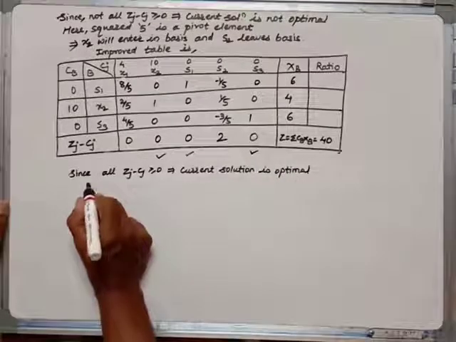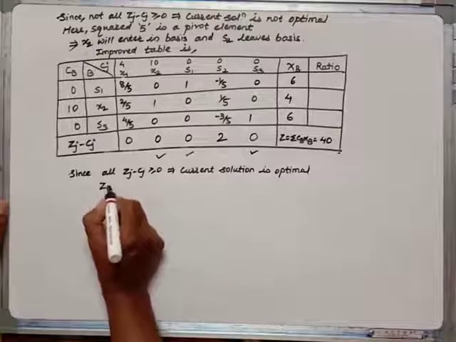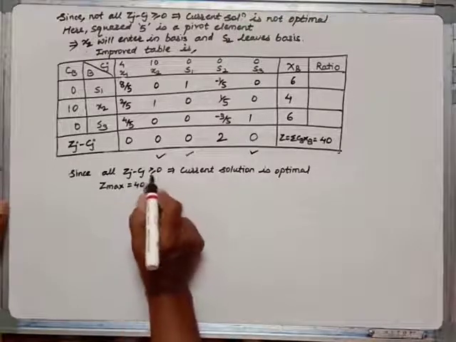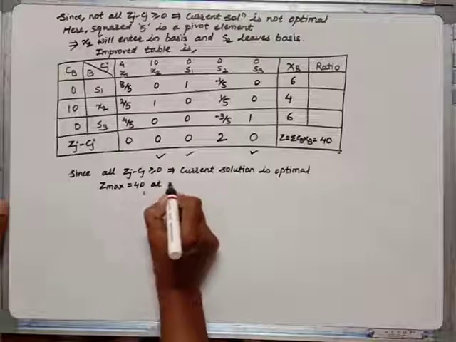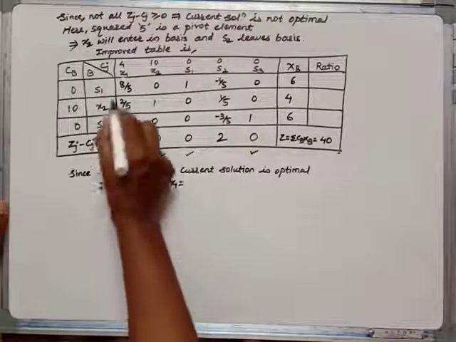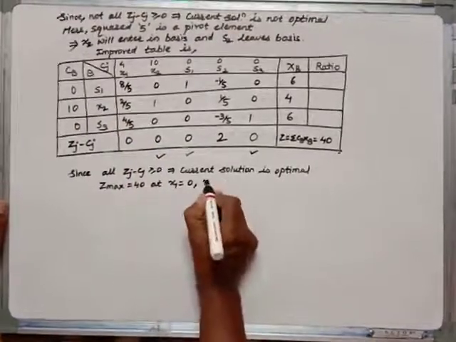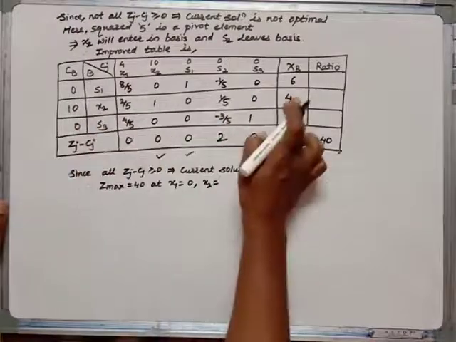And that current solution is Z max equal to 40 at x1 is not here, so x1 is equal to 0, x2 is equal to what? x2 is equal to 4.